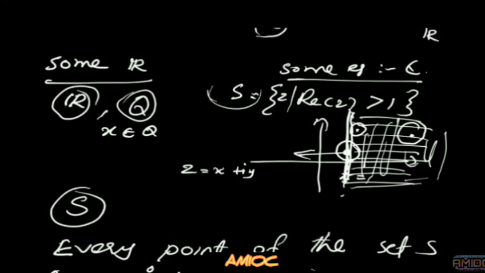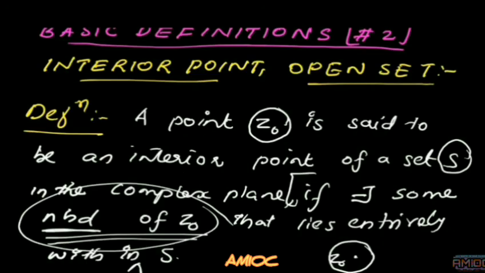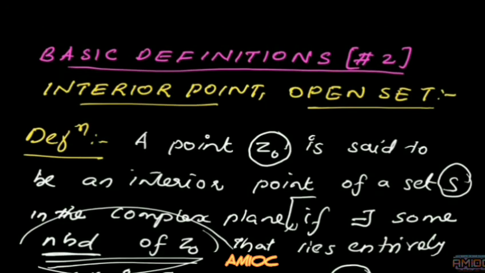Therefore, in this video, we have defined two new concepts in the complex plane. The first one is the interior point of a set, and the next one is the open set. A point z0 is said to be an interior point of a set if there exists some neighborhood of z0, that means there exists some open disk of z0 that completely lies inside that set.